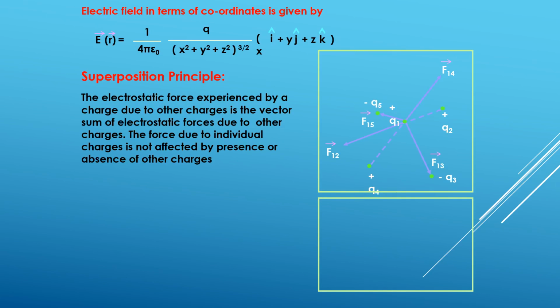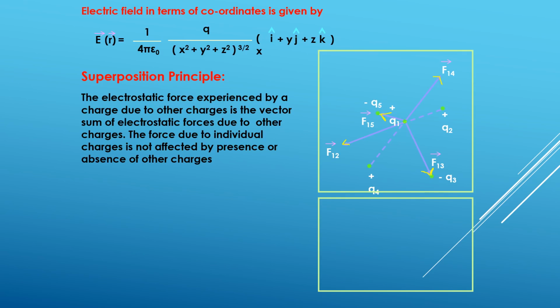Now q1 will be repelled by +q2 charge along this direction, and it will be attracted by charge -q3 along this direction because both are unlike in nature. And q4 will also repel q1 along this direction. q5 will attract q1 along this direction.